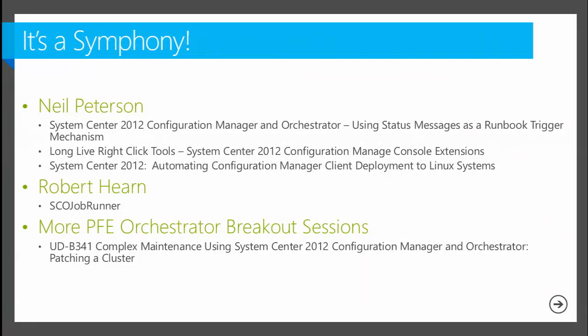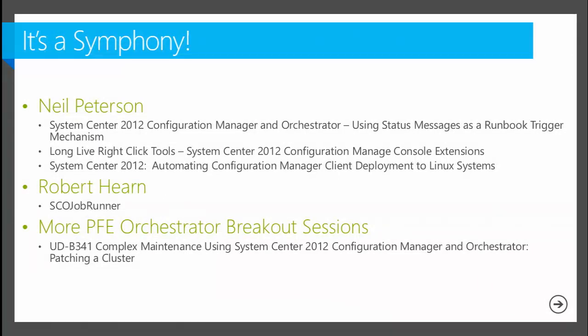Then Neil goes through how to actually build out right-click tools in the console and point to Orchestrator. So if you like that idea, if you're seeing some possibilities already, it's documented in Neil's blog. Then he goes through, and that runbook's available on his blog, about how to install Unix and Linux systems, and so on.